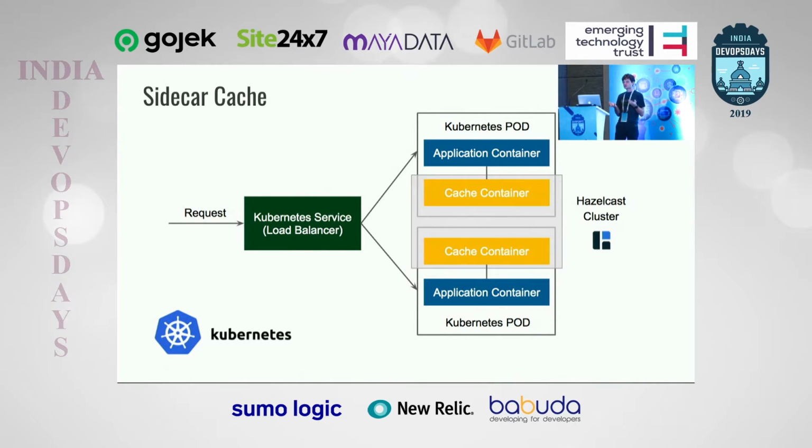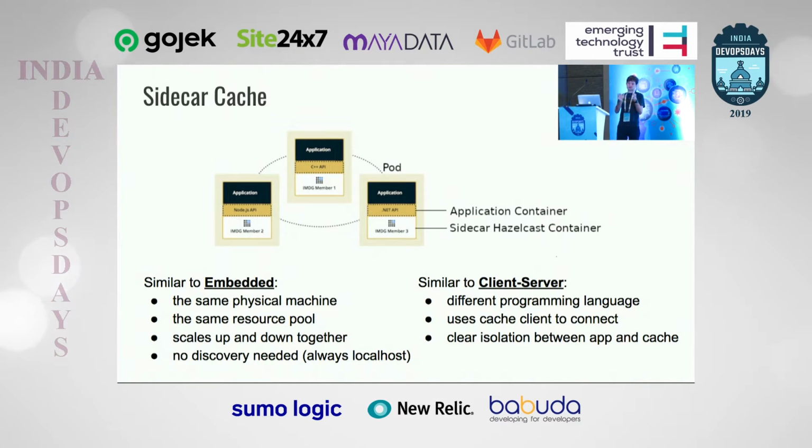So this solution is a kind of mixture of embedded mode and client-server mode. It's embedded because you always deploy cache and application on the same physical machine. It uses the resource pool together with your application. It scales up and down together with your application. And you have no problems with discovery because it's always localhost.